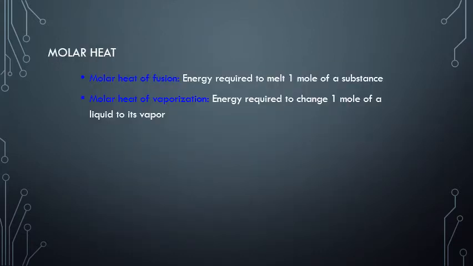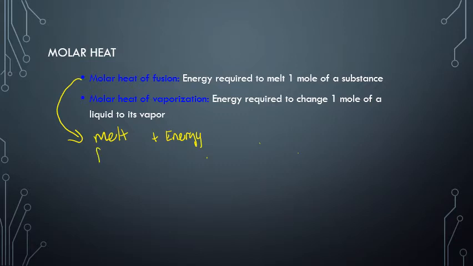So now when we're talking about those different phase changes and the energy that's involved in them, we call these the molar heat of fusion, which is the energy required to melt 1 mole of a substance. When we're talking about the melting process, because that is an endothermic process, the energy is going to be a positive change.